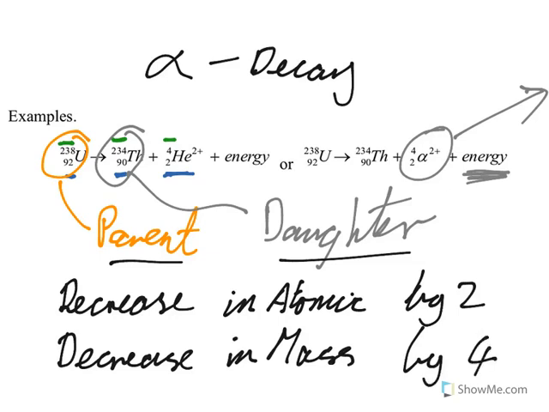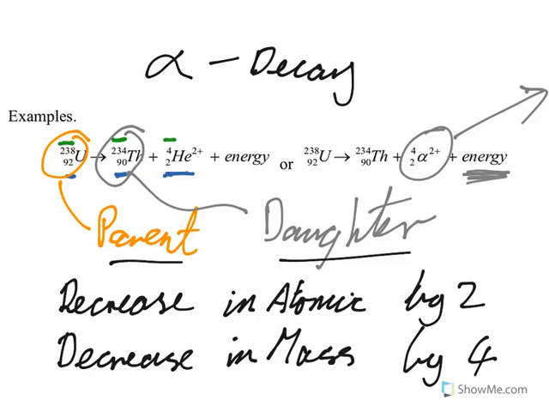And so you can see that 92 down to 90, 238 down to 234. They haven't disappeared altogether, remember? It's now our alpha particle. So those things are now in the alpha particle. And as I said before, the stuff doesn't disappear, it changes into something else. So this uranium is changed into thorium.